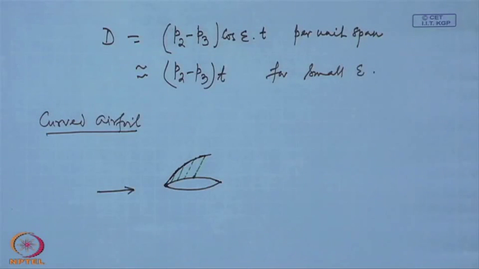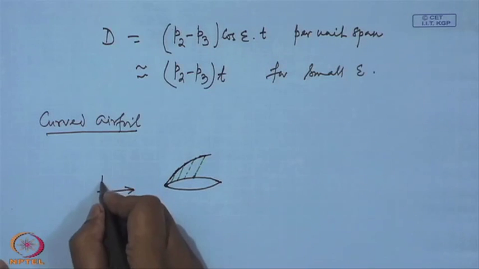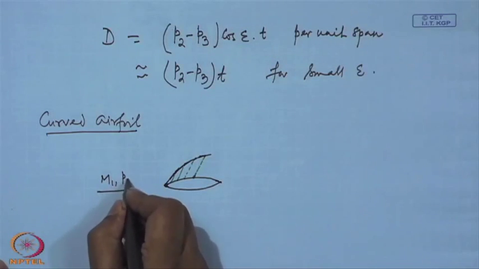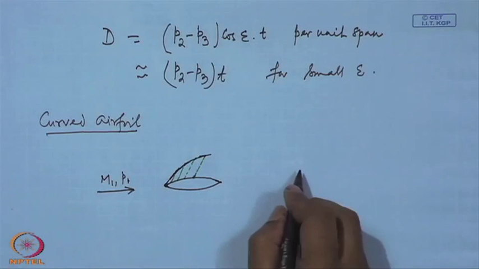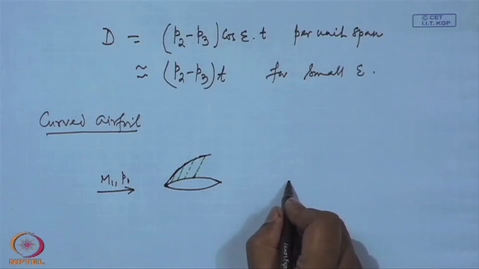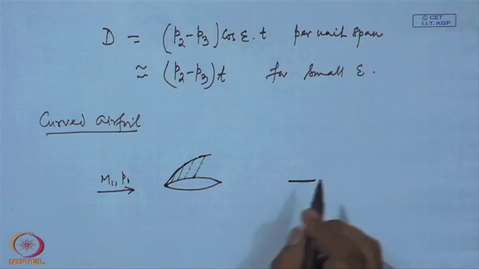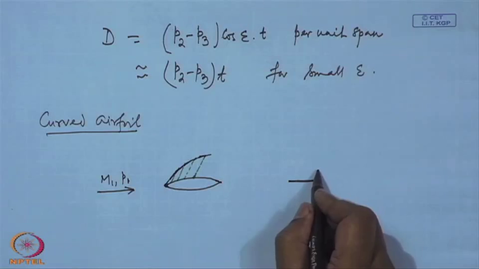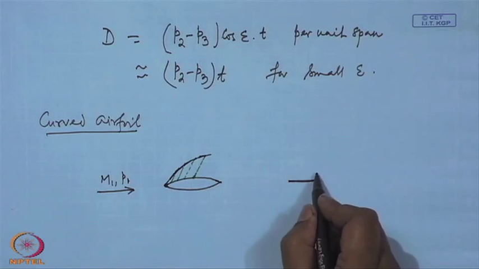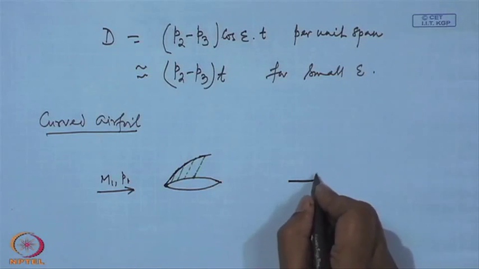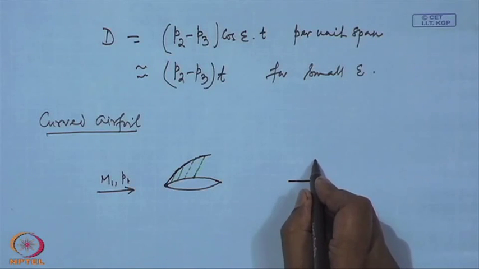And the pressure distribution here, you can see that there is no upstream influence as in the case of supersonic flow. So, the pressure up to the leading edge remains at P1, and at the leading edge there is an increase in pressure due to the shock.